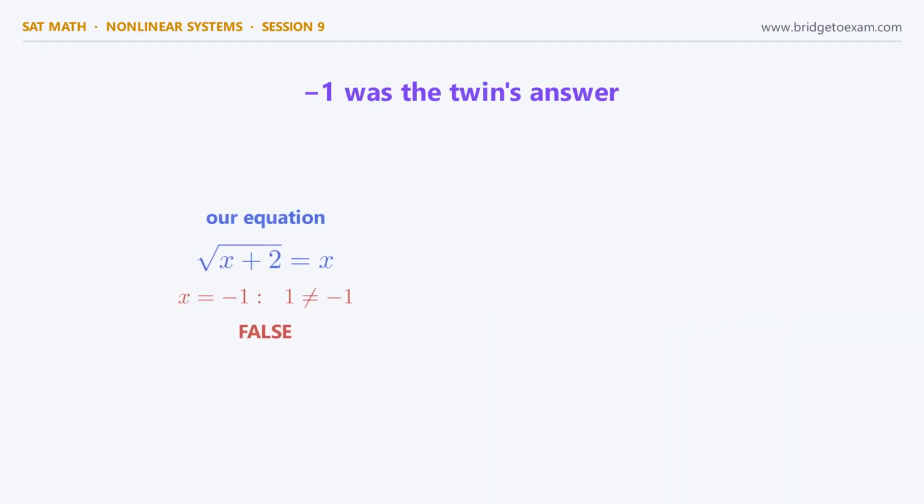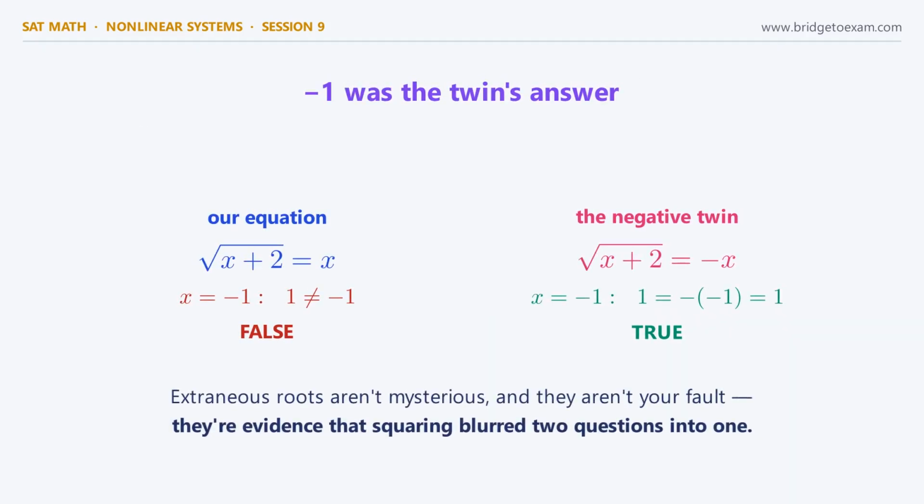Let me prove that -1 wasn't random. It was the twin's answer. Our original equation was root of x plus 2 equals x. The negative twin is root of x plus 2 equals -x. Test x equals -1 in that twin. The left side is root of 1, which is 1. The right side is -(-1), which is +1. 1 equals 1.